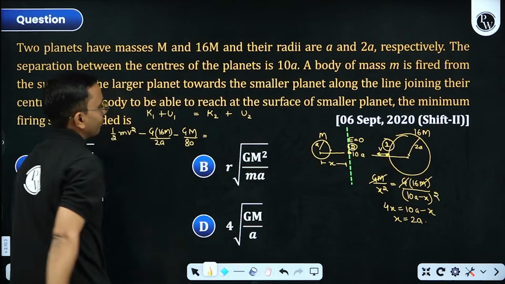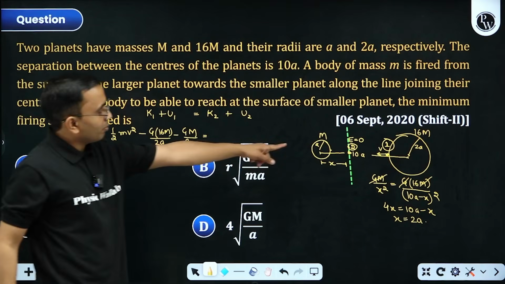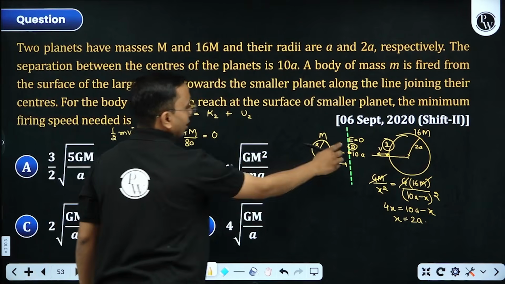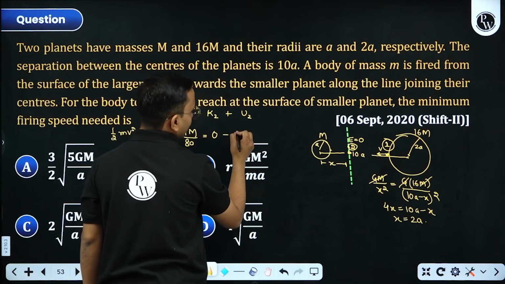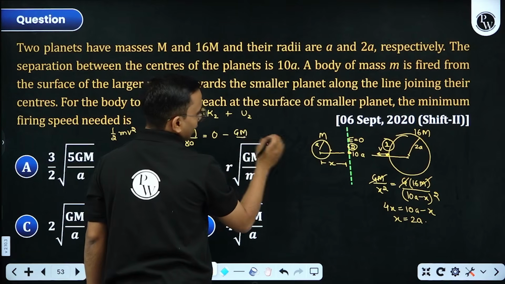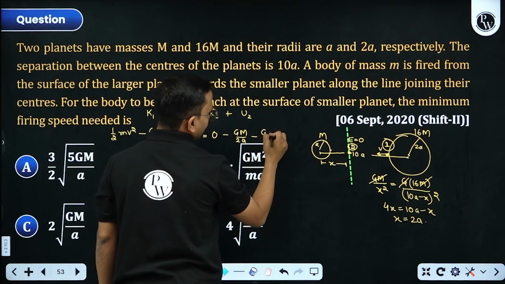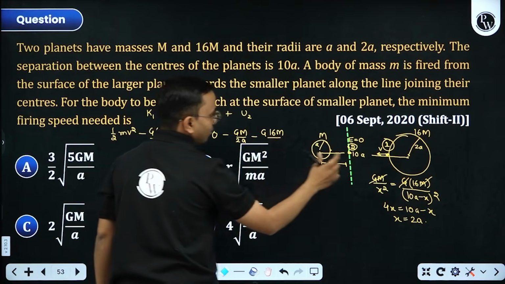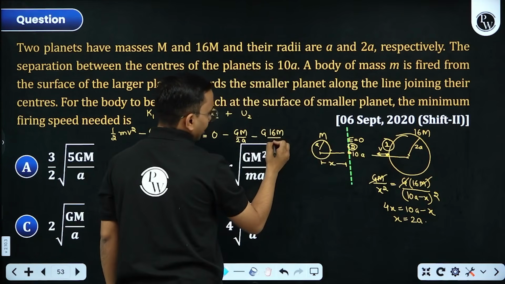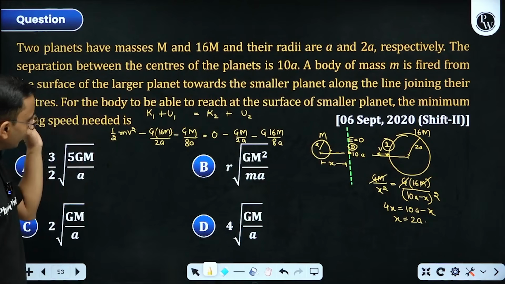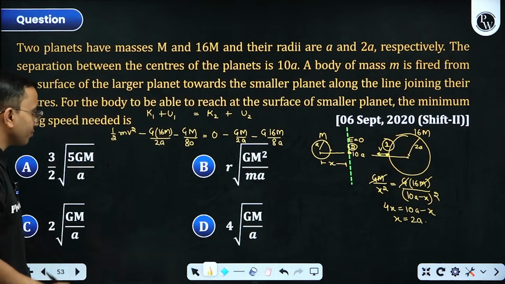For v to be minimum, final kinetic energy is 0. Potential final due to the smaller is minus G m m divided by x, which is 2a, minus G 16m m divided by the distance 8a. This is the equation. From here we have to solve for v.